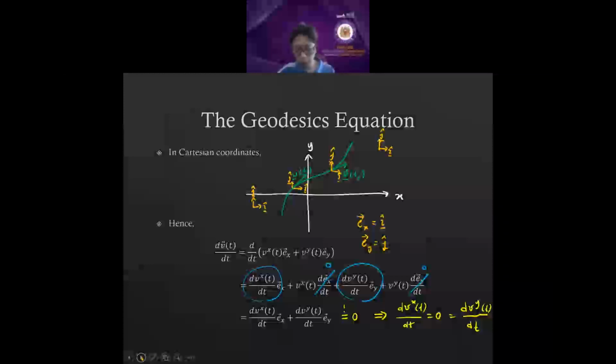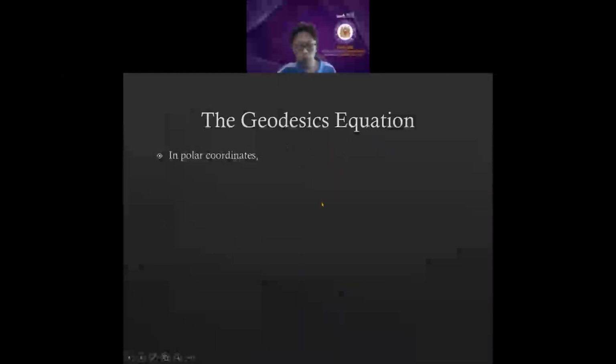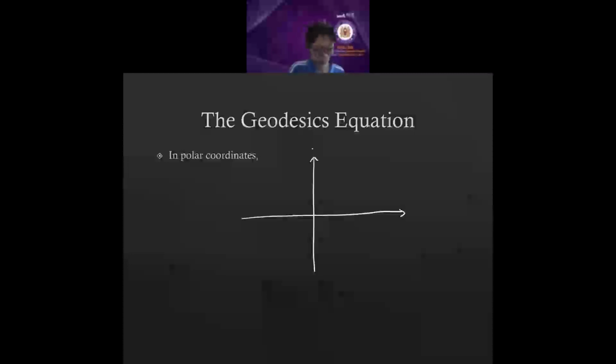However, now what if we have the polar coordinates? Let me just draw it. Again, this is our main reference, and now take note of this. So I'm just going to draw next.